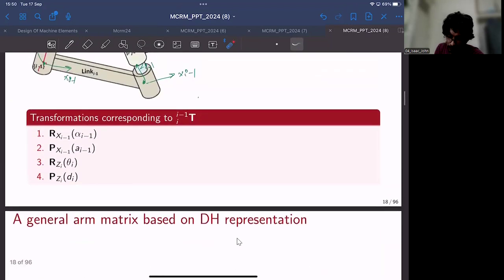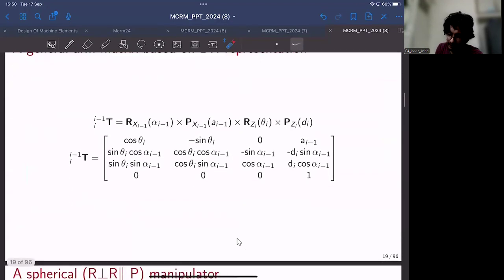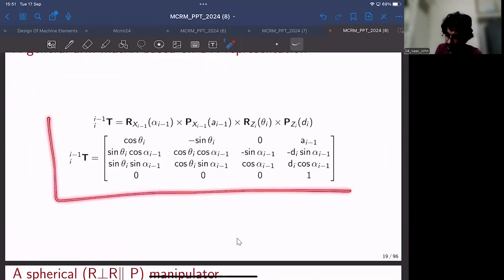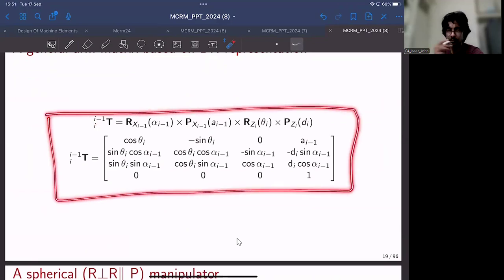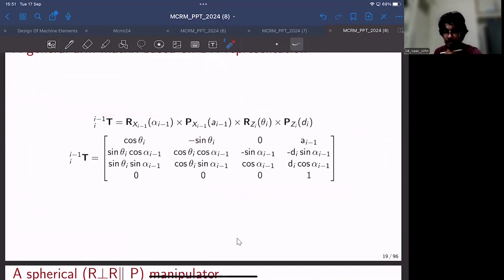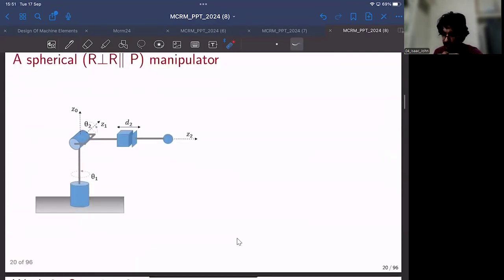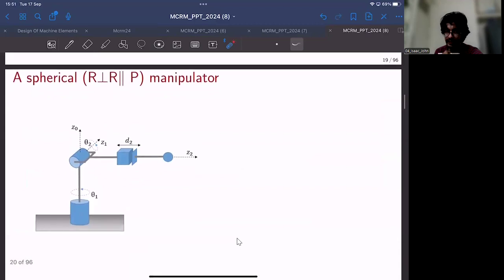And if you multiply these transformations, rotation, translation, rotation, translation, you will end up with the transformation matrix from the i minus 1 frame to the ith frame. And it would look something like this, a 4x4 matrix. And with that, you can actually define the kinematics.